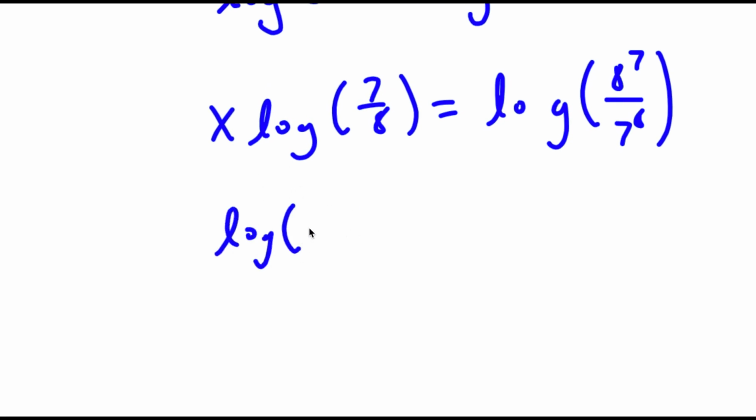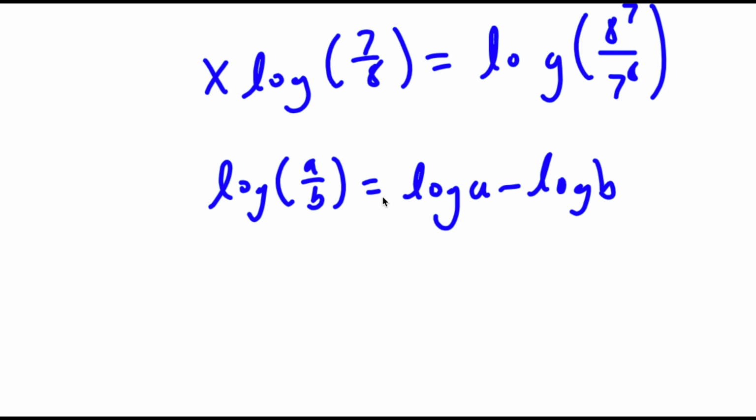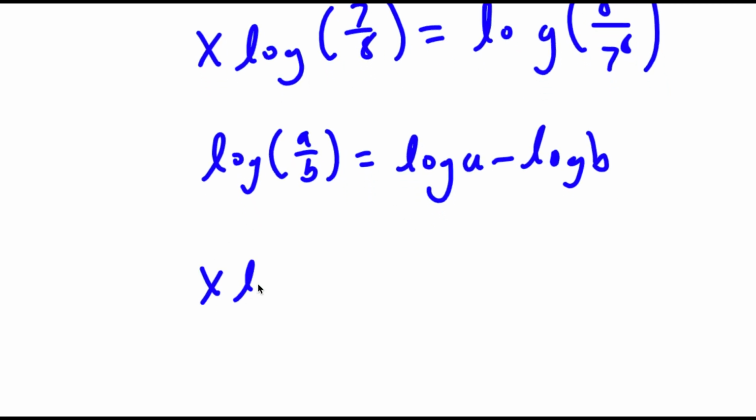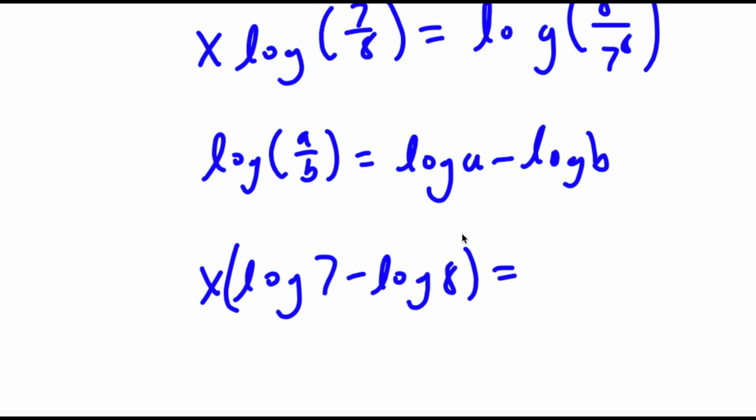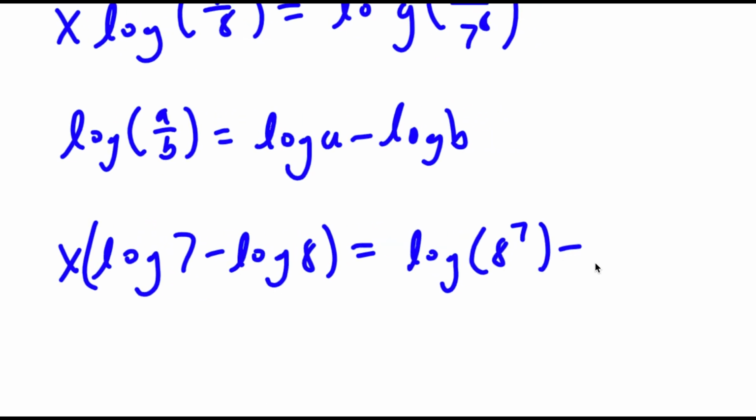Now log of a over b is equal to log a minus log b. So log of 7 over 8, that's going to equal log of 7 minus log 8, and on the right side, log of 8 to the power of 7 minus log of 7 to the power of 8.